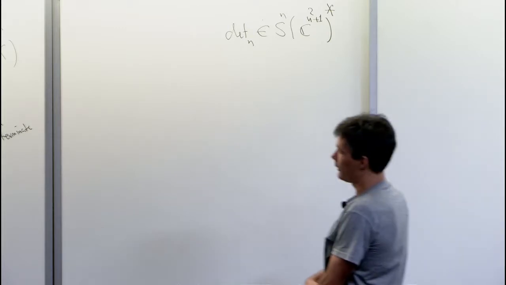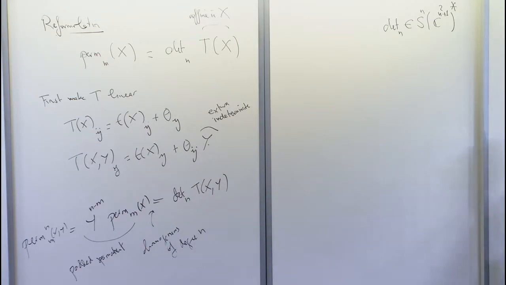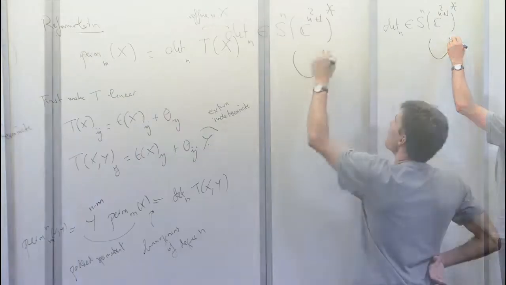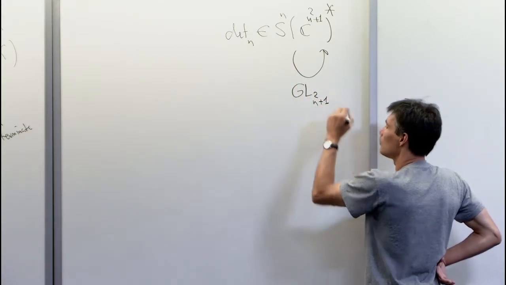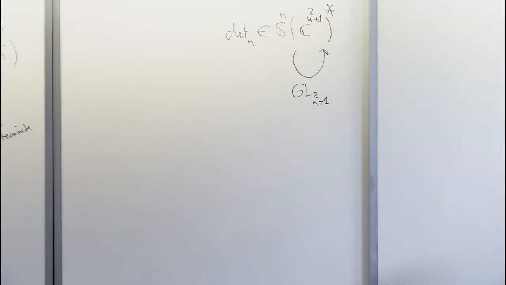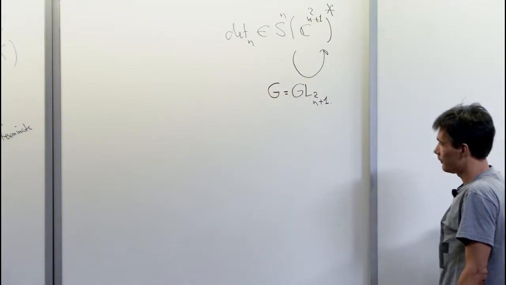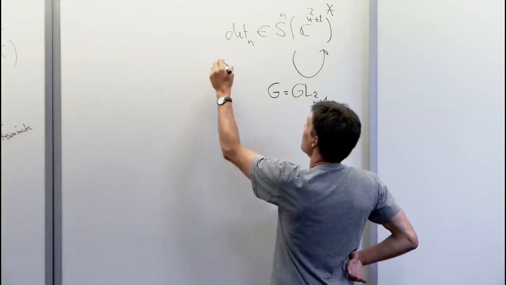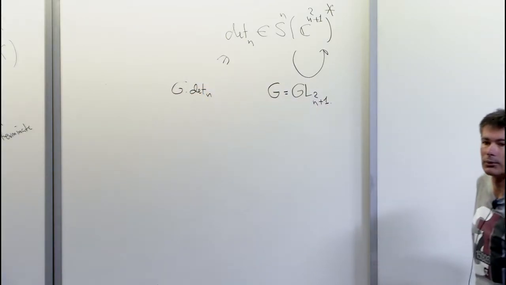And now what am I doing when I apply the transformation T? I'm just making a linear change of variables. So I'm using here the action of the linear group in n squared plus 1 variables, which I will denote by G. So I'm not looking simply at the determinant, but at the orbit of the determinant under the action of this group.